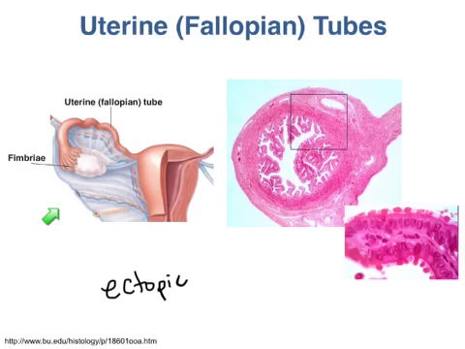There have actually been a couple of people that have been able to carry a baby and give birth to a live baby that had implanted in the abdominal cavity. As long as that baby gets a good source of blood, it can establish a placenta.